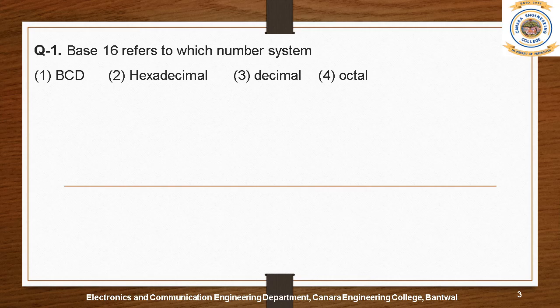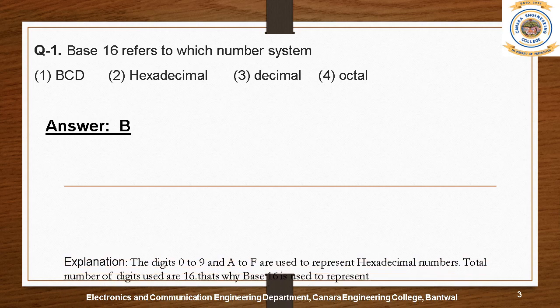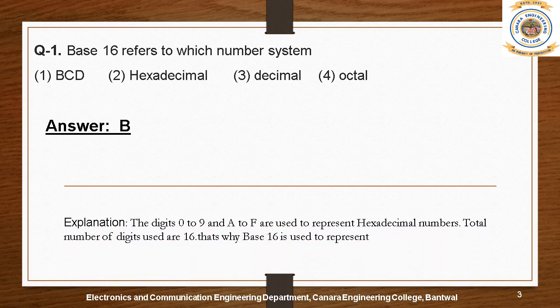First question, base 16 refers to which number system? The answer is option 2, that is B. And why this answer? Here is the explanation. The digits are 0 to 9 and A to F, that is 0, 1, 2, 3, 4, 5, 6, 7 till 9. There is no 10.